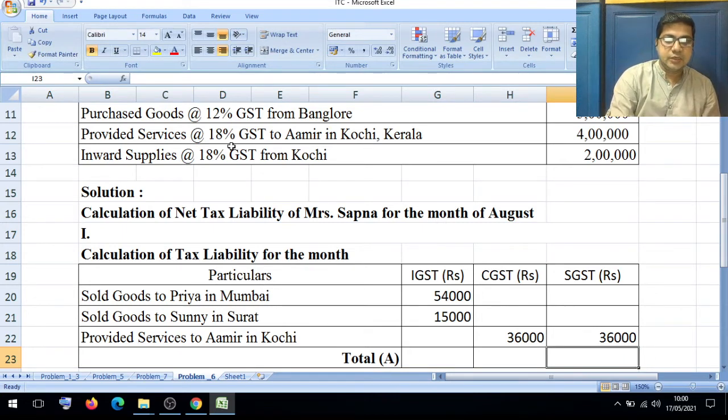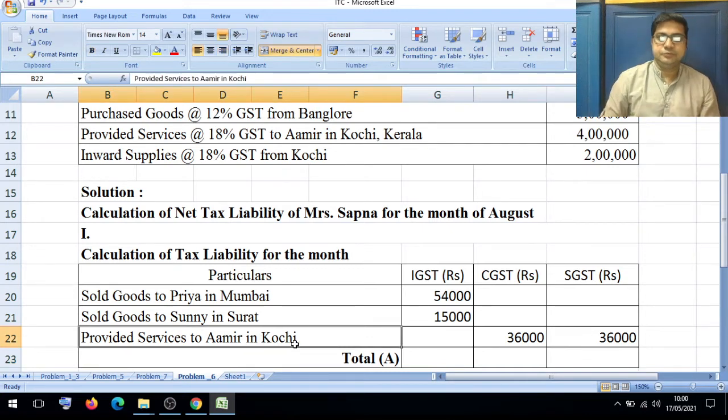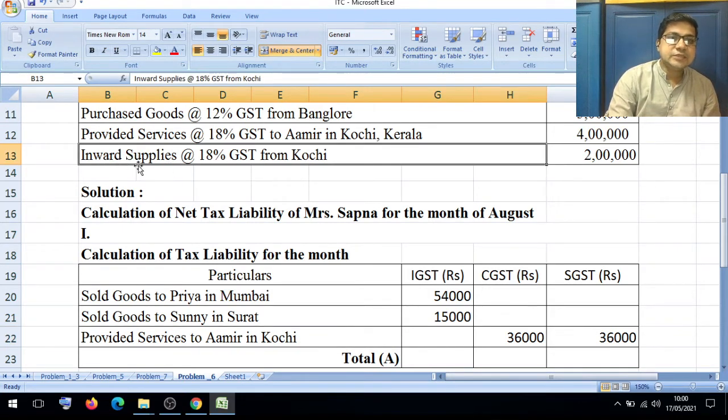It means from this 18%, 9% belongs to CGST and the rest 9% belongs to SGST, because the supply is within the state. It is called intra-state supply.